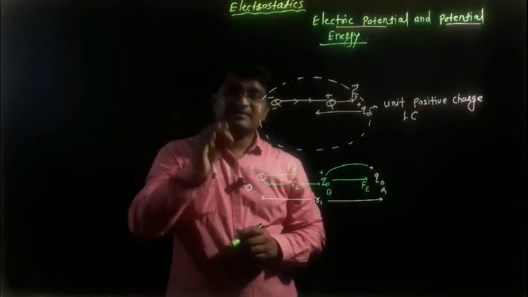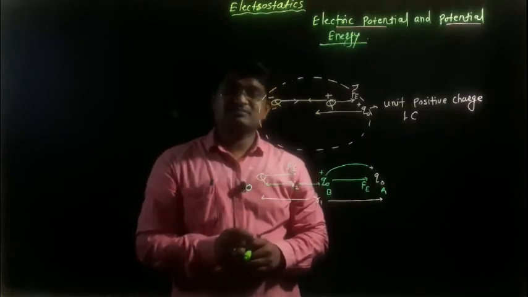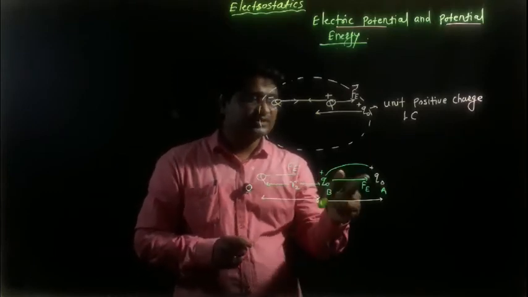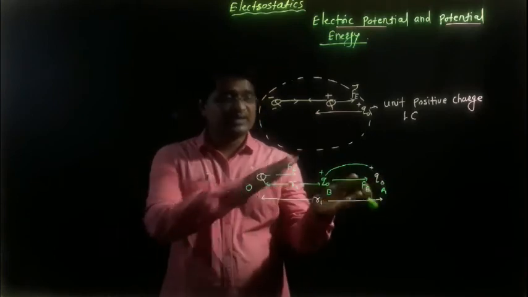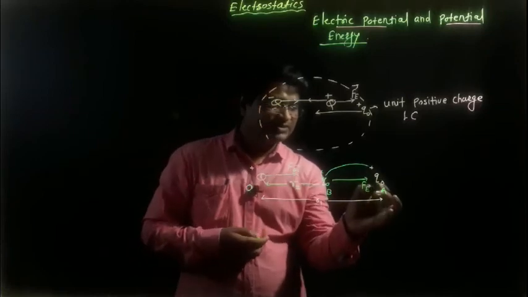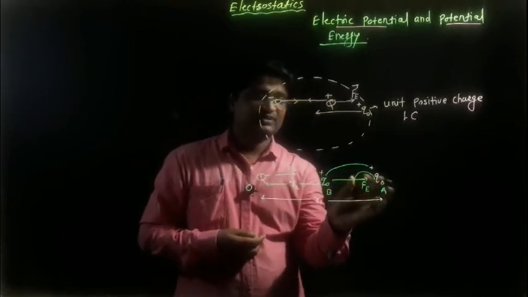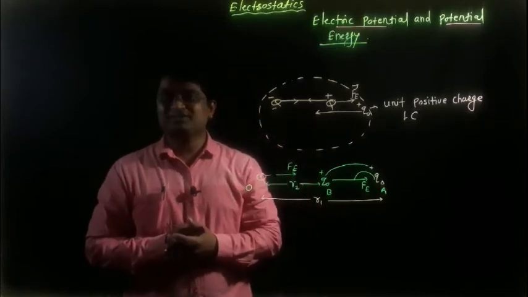So simply the stored energy is called potential energy, and when we discuss the change in potential energy, work is necessary. Work has to be done so that the potential energy will change. Imagine that this object moves from A to here. Work is very little, so a very small amount of potential energy changes.